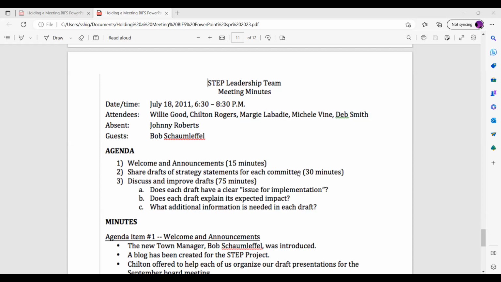So the minutes are distributed shortly after the meeting takes place, right? They're key parts of the meeting minutes. You won't have to do minutes for a homework assignment, but you do need to be aware of the parts of meeting minutes. So write down the parts, the components of meeting minutes.